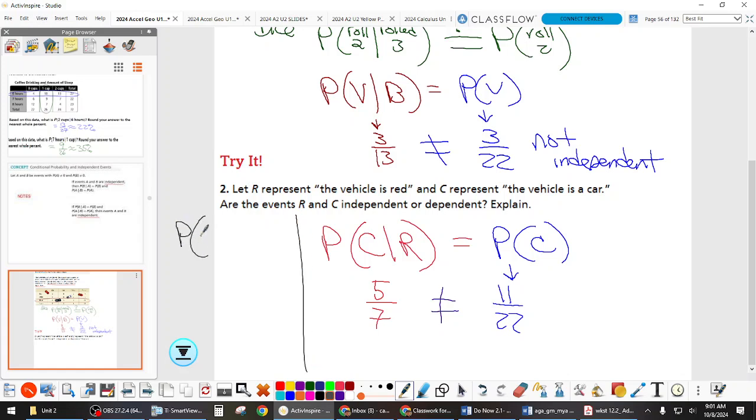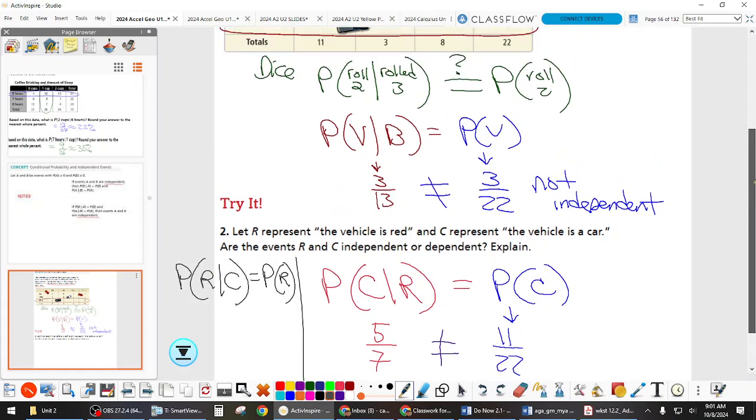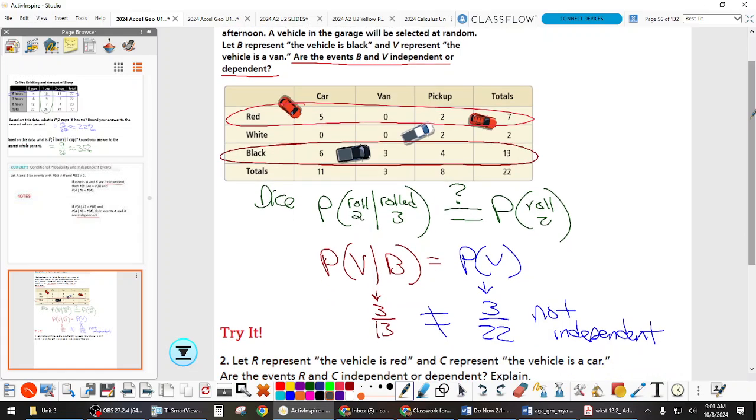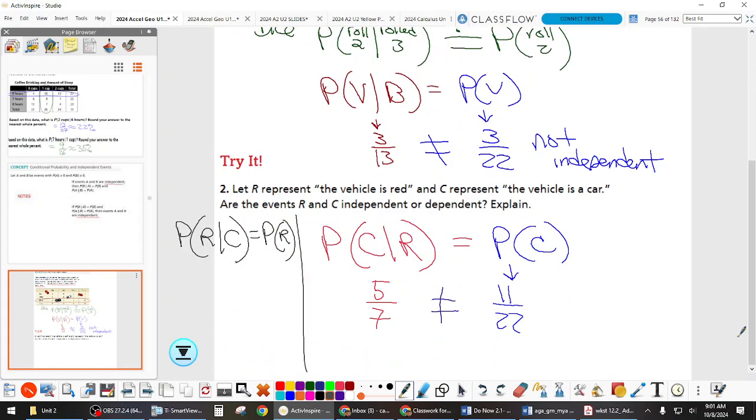Okay, quick question. Would it have mattered if we did this? That's different. Let's check. This says probability that it's red, knowing it's a car. So the probability that it's red, knowing it's a car, is what? 5 out of 11.